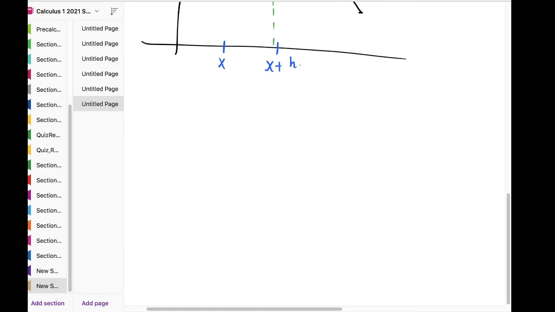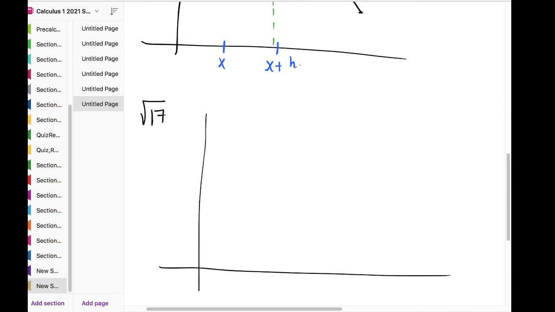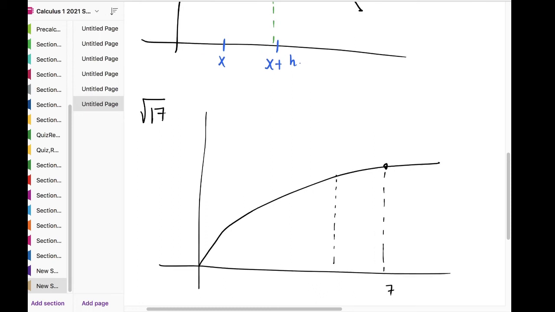So let's think about it for, let's do radical 17 actually. So let's say this is radical 17. And let's look at the tangent line at 17.